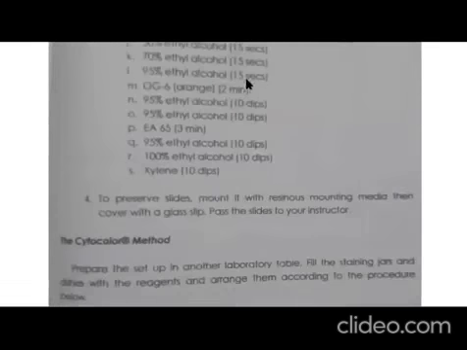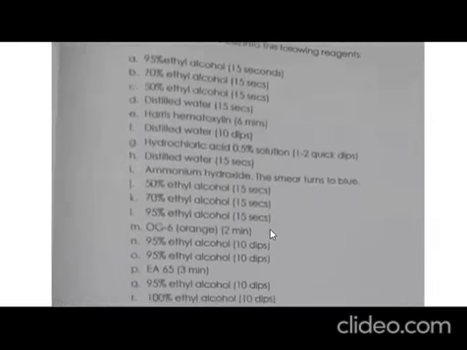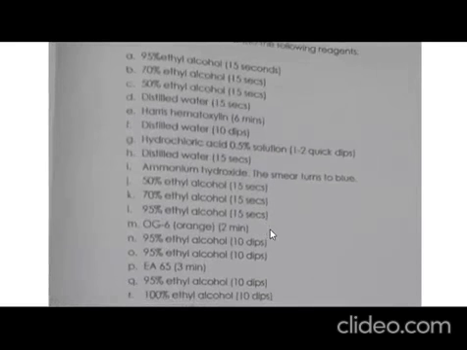After that one, you're going to follow this procedure now. So, after fixation, you're going to rehydrate.